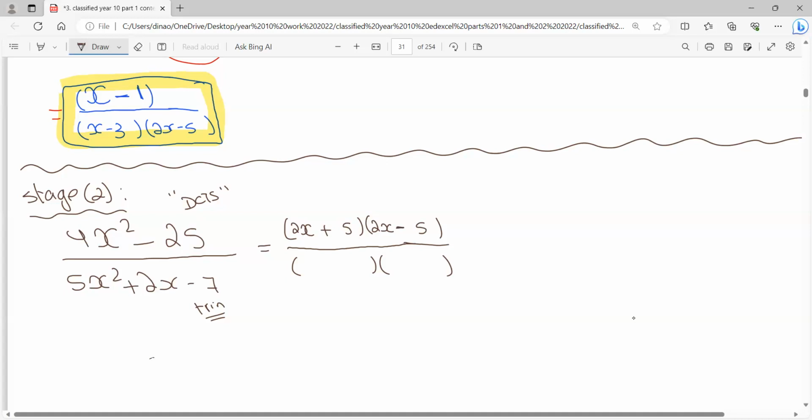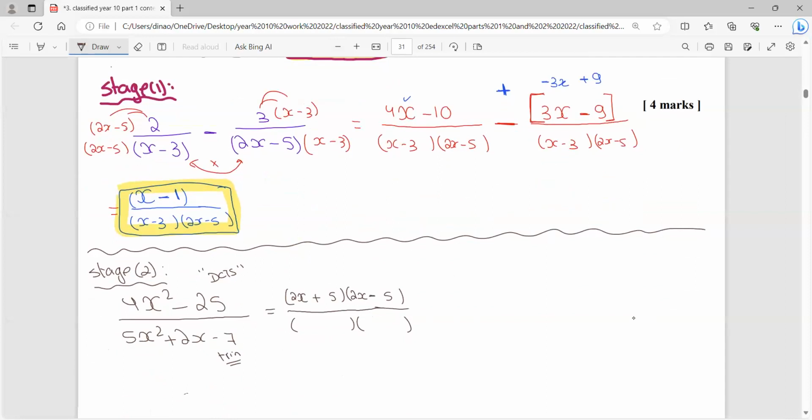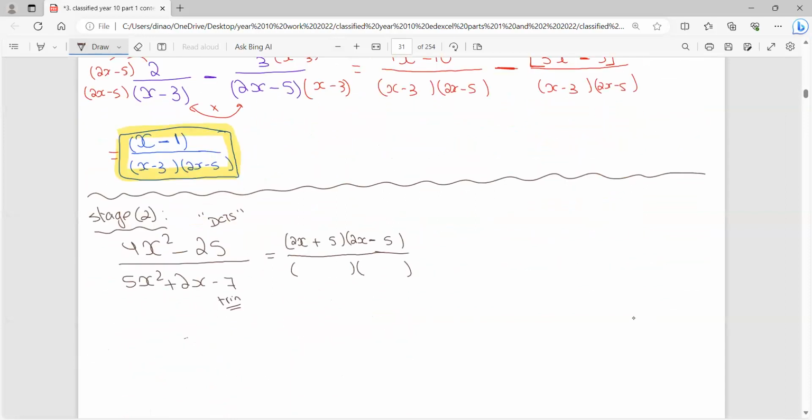The 5 is 5x, the 2x, and negative 7. So the first bracket is x minus 1, and the second bracket is 5x plus 7. Okay? And here goes your factorization. Let me just make sure that this is correct: here negative 7, here negative 5, and 7 plus 2, right.